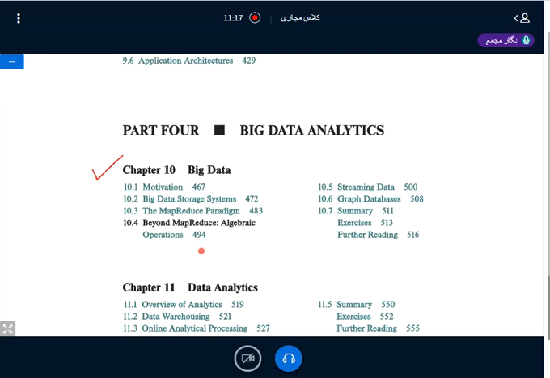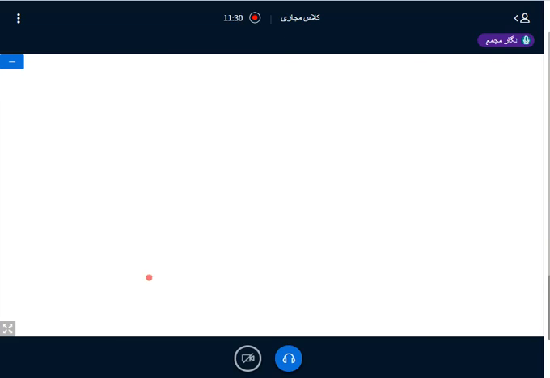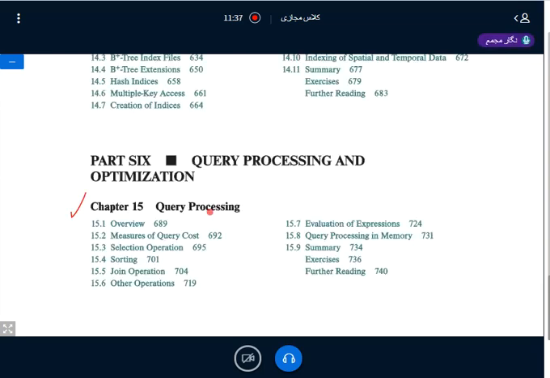In this course we will become familiar with data. And after that we go to query processing.